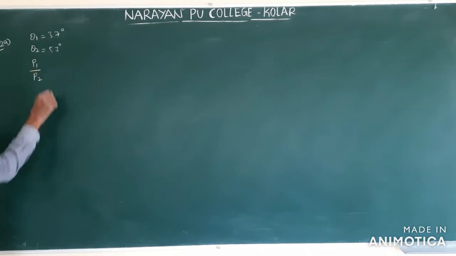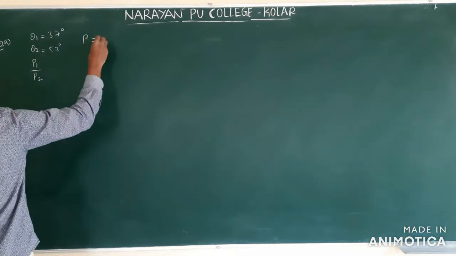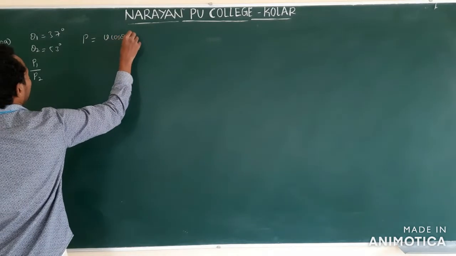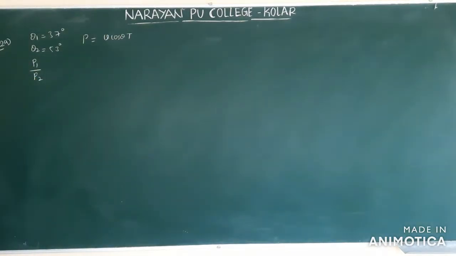They are asking the ratio of pitches of the helical path, P1 by P2. What is the pitch formula? V cos theta into T, where T is the time period.